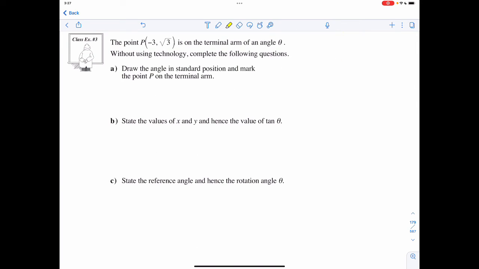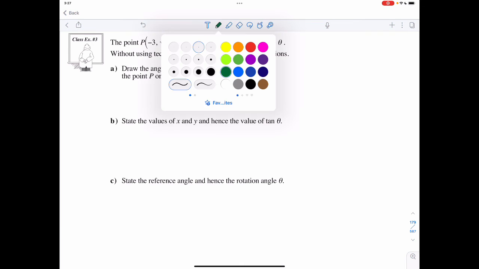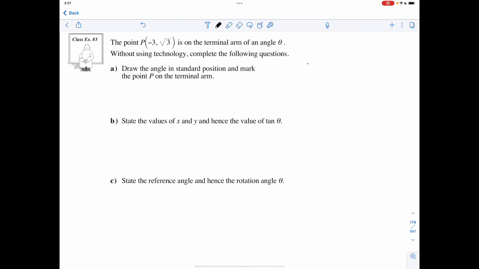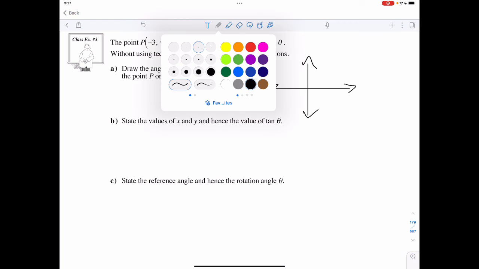When it says that the point of -3 and the square root of 3 is on the terminal arm of the angle, without using technology, complete the following questions. Draw the angle in standard position and mark the point P. Well, we've done this before. X is negative, Y is positive.